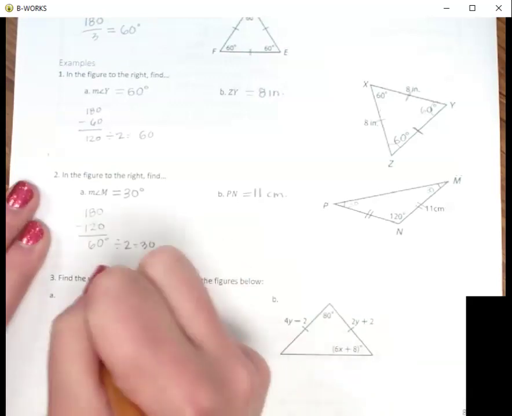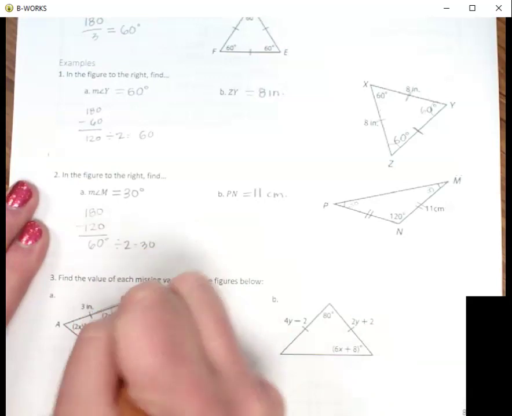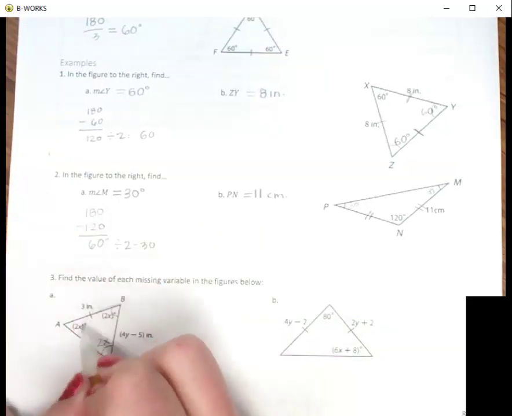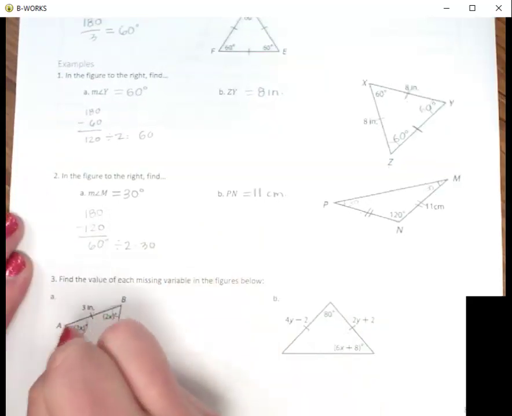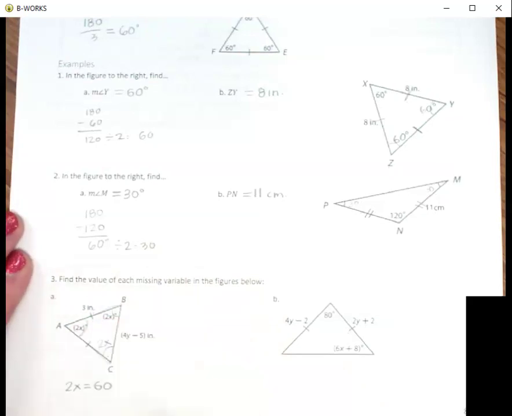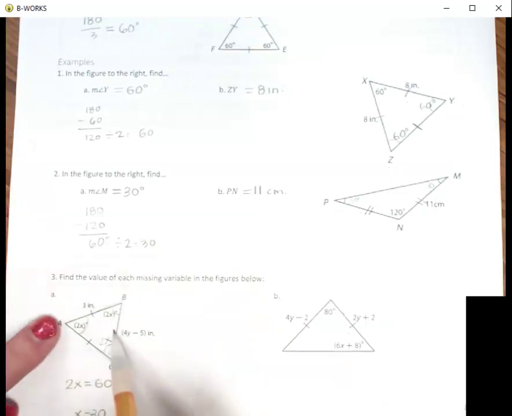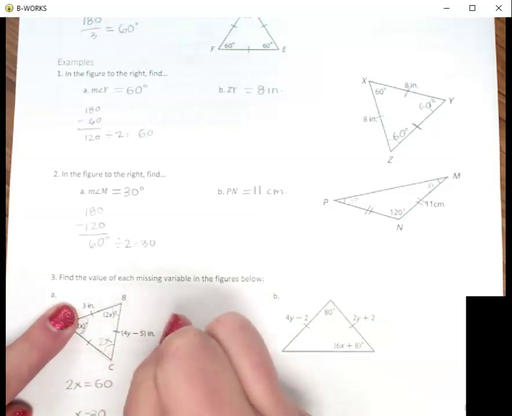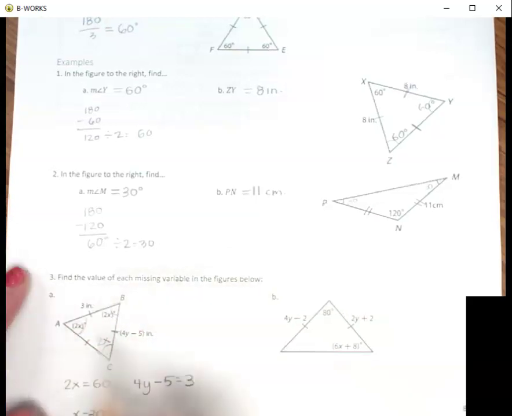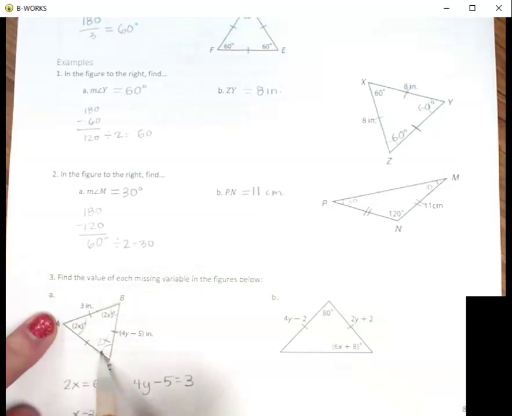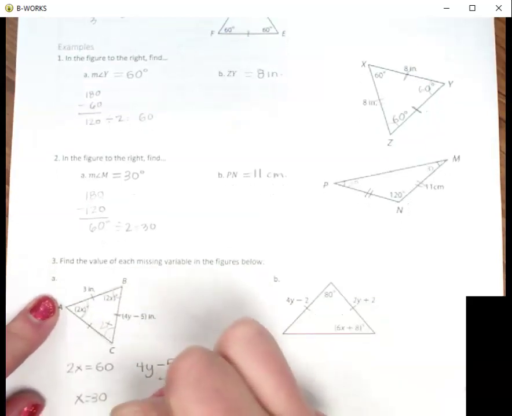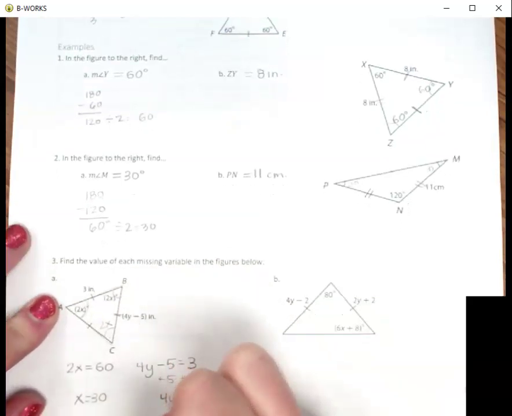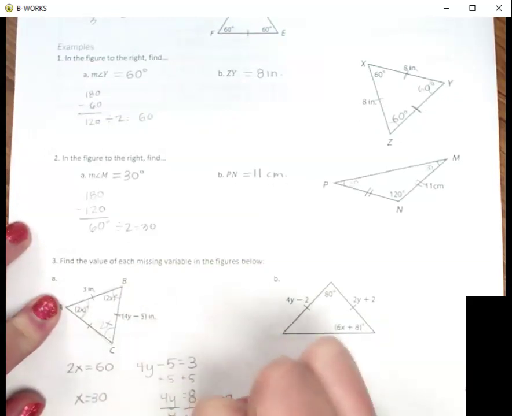So I can take any one of these, since we know that it is now equiangular, and set 2x equal to 60 to find x to be 30. I can also set 4y minus 5 equal to 3, because any triangle that is equiangular is also equilateral. If I add 5 and divide by 4, my y value is 2.